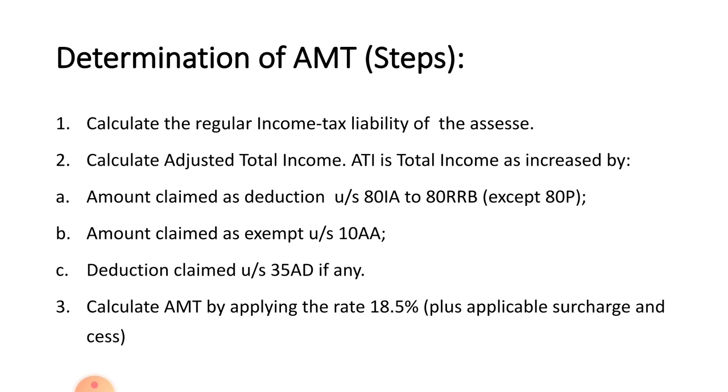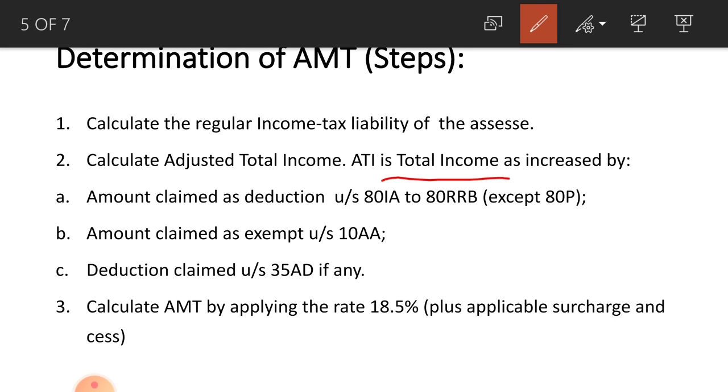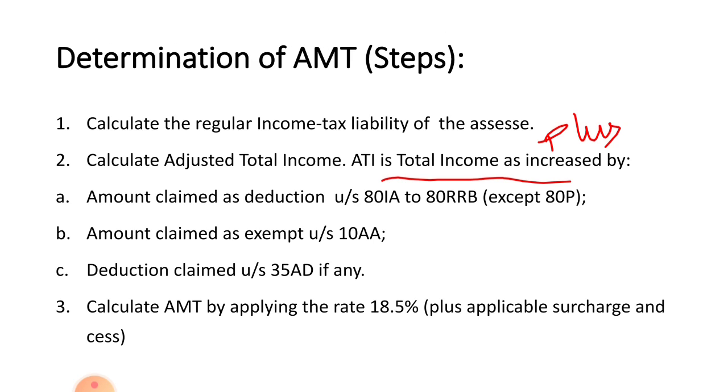Adjusted total income is calculated as follows: ATI is total income as increased by, that is total income plus amount claimed under section 80IA to 80RRB except 80P as I told you earlier, and amount claimed under section 10AA and deduction claimed under section 35AD if any.